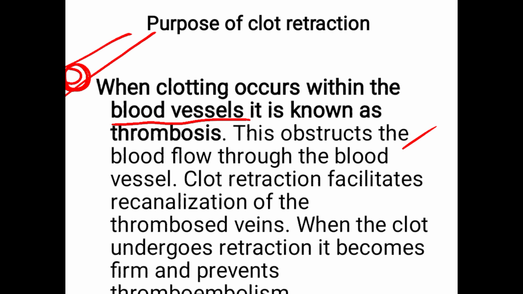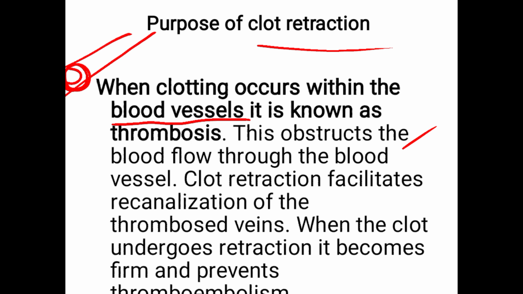Because of clot retraction, the size becomes less, right? The first formed clot is soft and the size is bigger, so that will prevent the further flow of the blood. Because of clot retraction, that will facilitate the recanalization of the thrombosed vein.